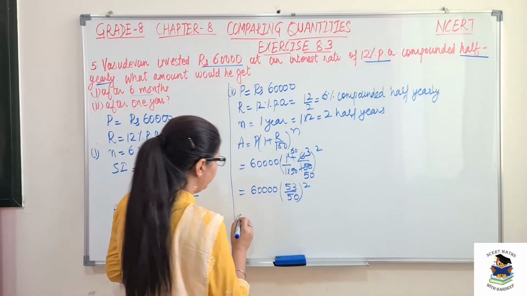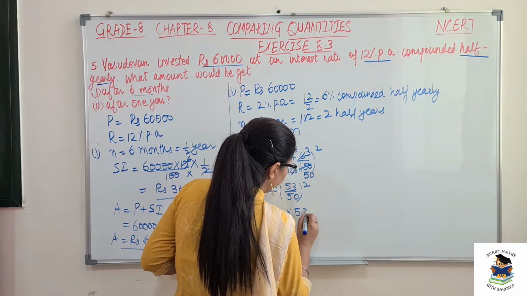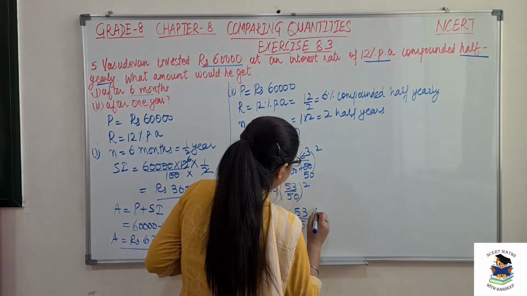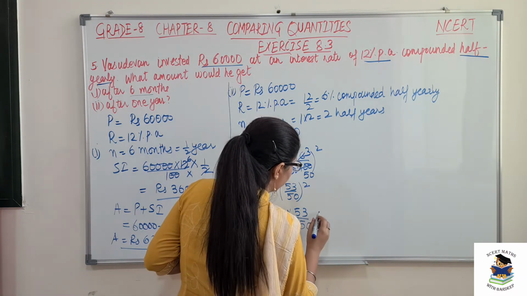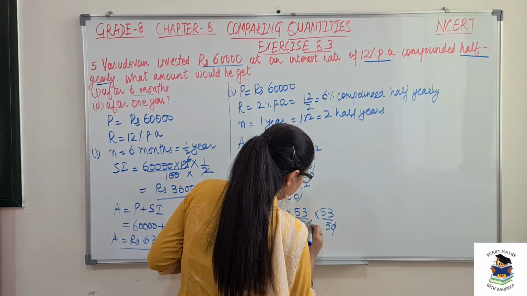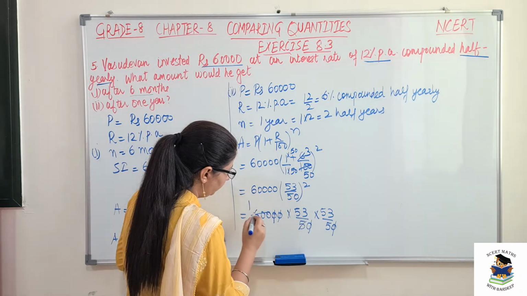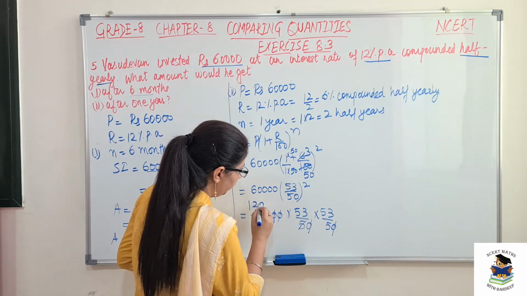So now let's expand this. This will be 60,000 multiplied by 53 over 50, 53 over 50. So these two zeros will be cancelled here. So 5 ones are 5, then it is 120.